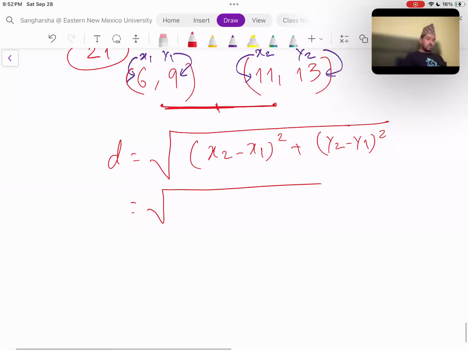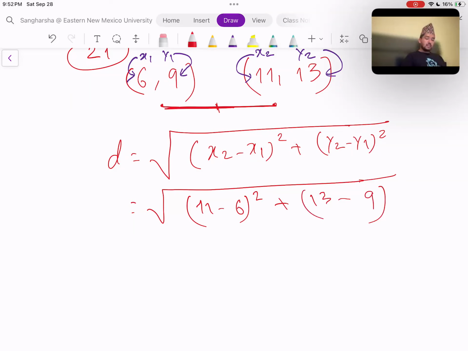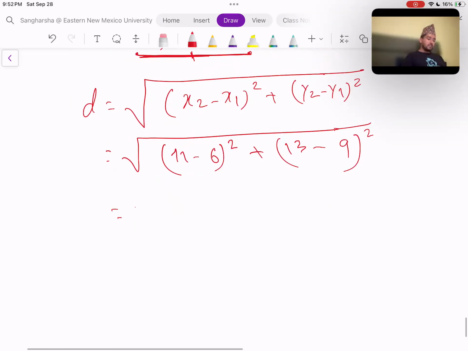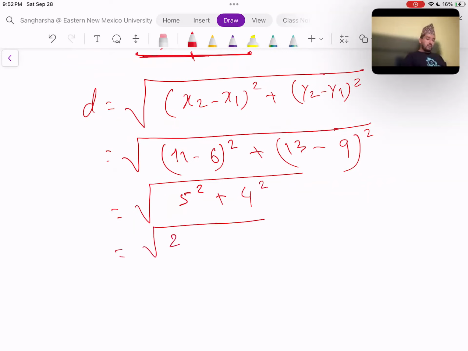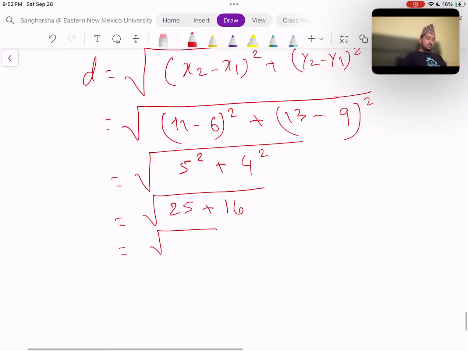So you have the square root as it is. x2 is 11 minus x1 is 6, squared, plus y2 is 13 minus y1 is 9, squared. Now we simplify. 11 minus 6 is 5 squared, plus 13 minus 9, that's 4 squared. 5 squared is 25, 4 squared is 16. And 25 plus 16, what is this? That's 41. So the distance is the square root of 41.